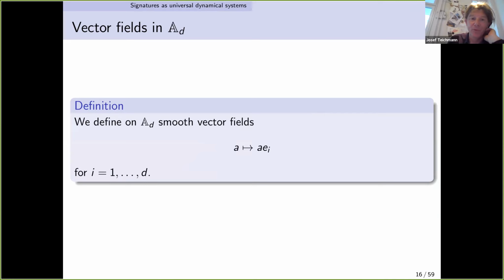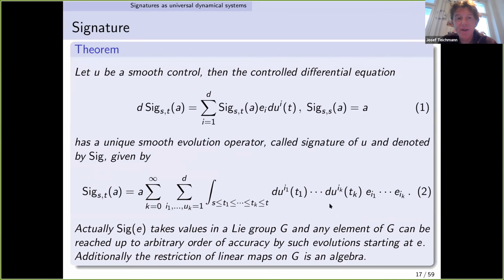Yeah, good. And then we can consider the dynamical system, which is the solution with respect to those vector fields. We said before that in many cases, finite or infinite dimensional, one can reasonably talk about solutions of such a system, and this is what we are doing here.